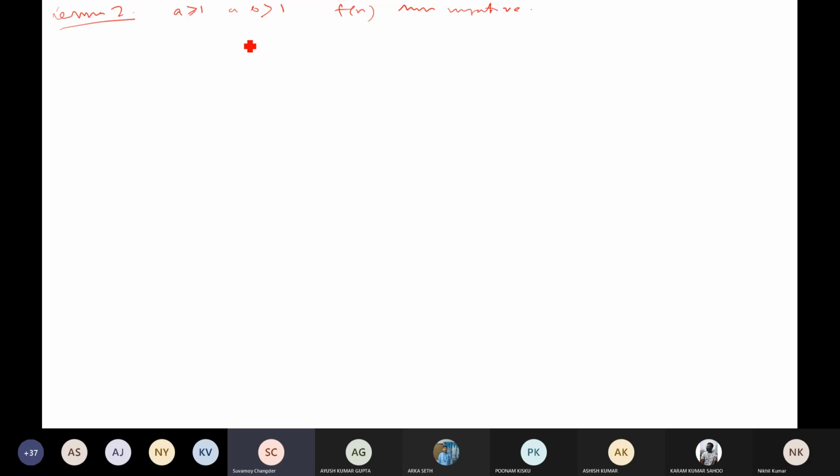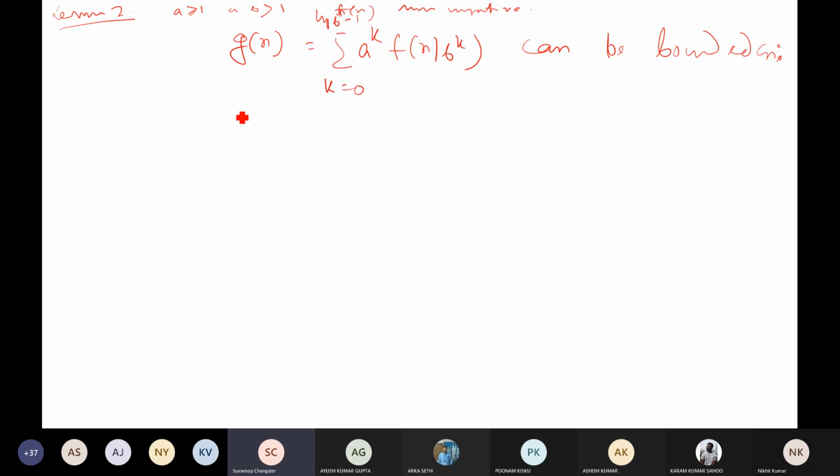Then a function g(n), we are defining g(n) as the term that we have got from lemma 1, the sum of a to the power k f of n by b to the power k, where k varies from 0 to log n base b minus 1. Lemma 2 is finding the bounds for g(n).